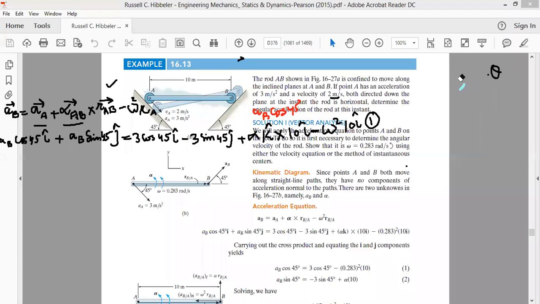As we know from velocity analysis in previous questions, when we were given the velocity of point A, we could find the velocity of point B as well as the angular velocity of the rod with the help of velocity analysis.